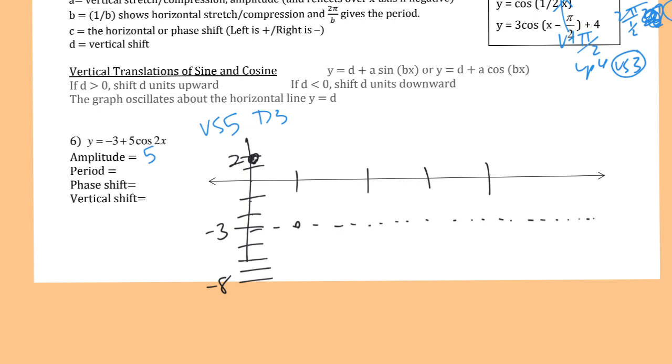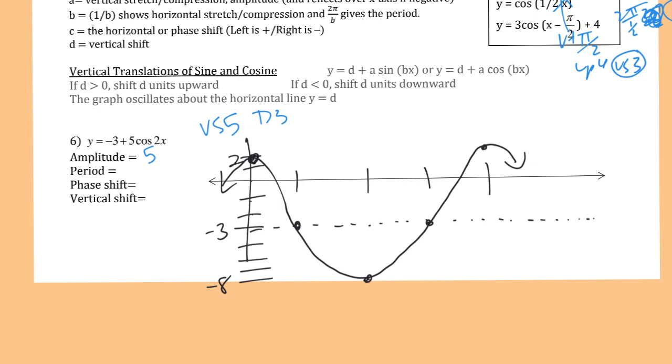It's going to go to the middle point, the lowest point, middle point, and then the highest point as well. Okay, so if we graph this as cosine, we just have to label our x-axis. We know it's going to be high, medium, low, medium, high, because it's cosine. It's going to be down 3 overall. It's plus or minus 5 from that midline, okay?